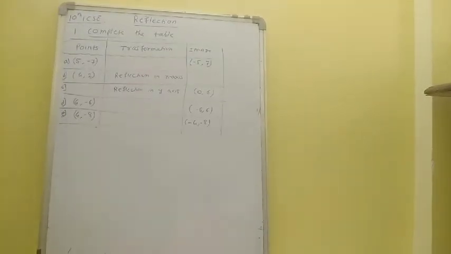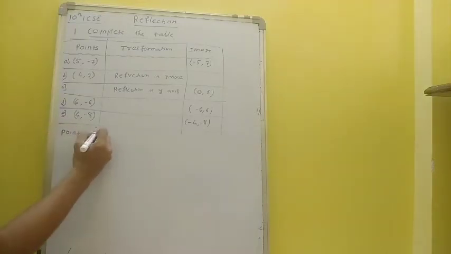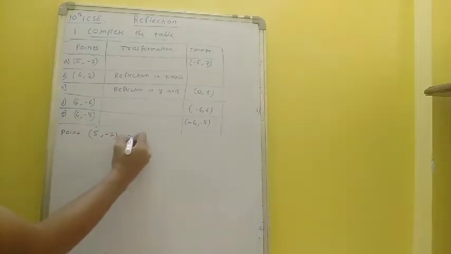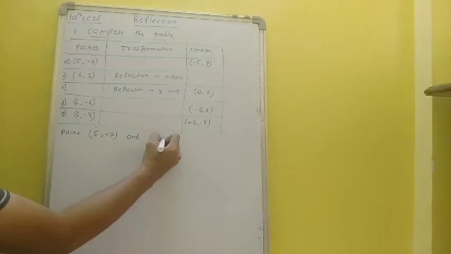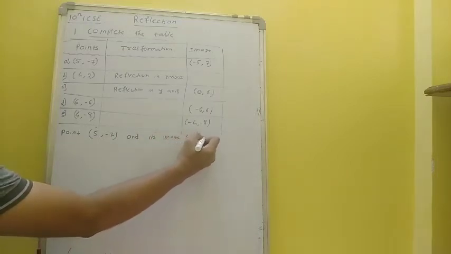Okay, now let's start with this. We have point 5 comma minus 7, and its image is minus 5 comma 7.